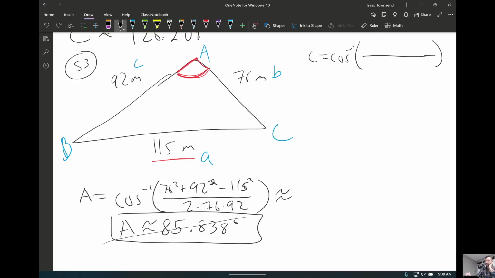So if I want C, inverse cosine of a squared plus b squared minus c squared over 2ab.